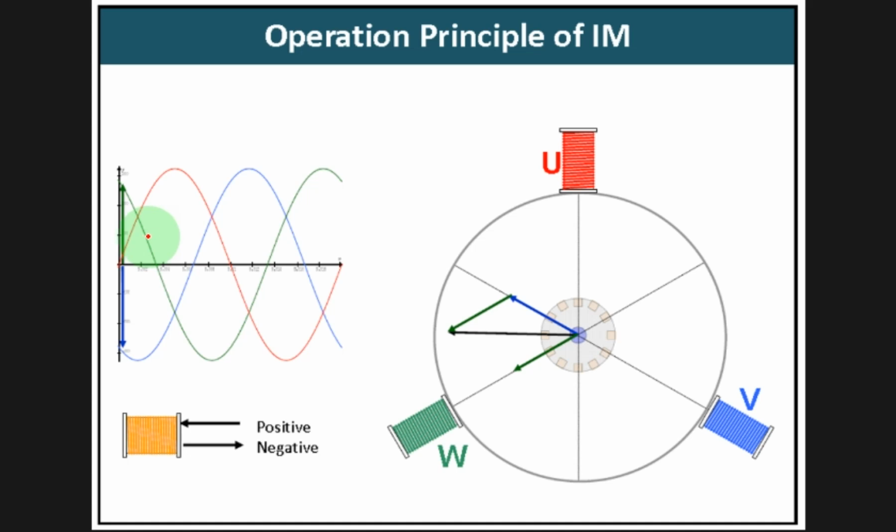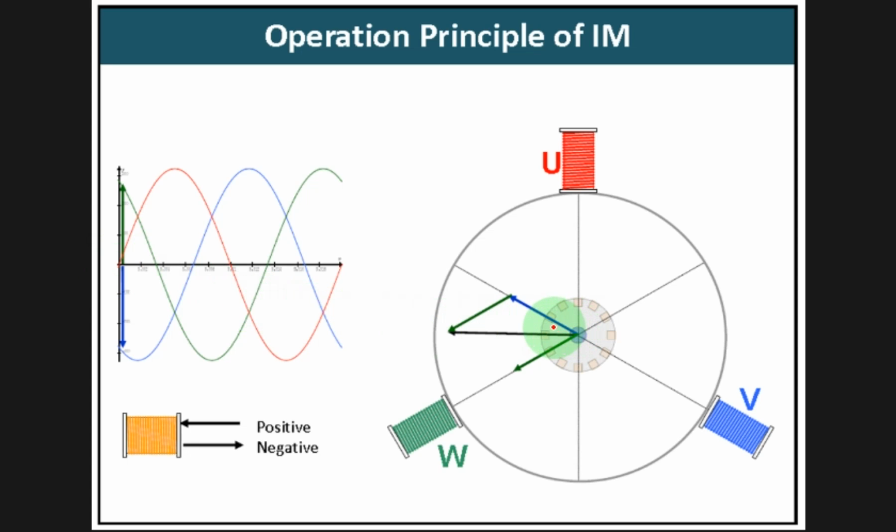So the green one, as it is positive, according to this convention the magnetic field is towards the coil, and the blue one, as it is negative, is towards the outside of the coil. So the direction of the blue one is this, and the red one is not generating any magnetic field because the voltage is 0.